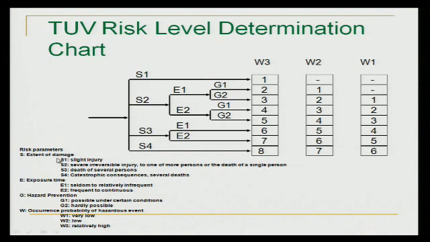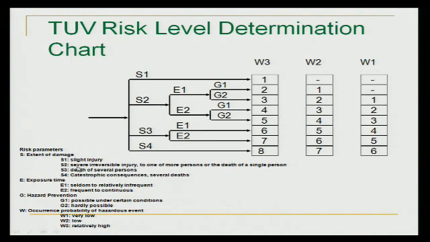You look at the extent of the damage if the particular risk occurs, like one of those hazards. Anywhere from, if it's only a slight injury, like the toy might harm a baby but not kill it, S1, all the way up to catastrophic consequences with several people dying, like maybe a plane crash.